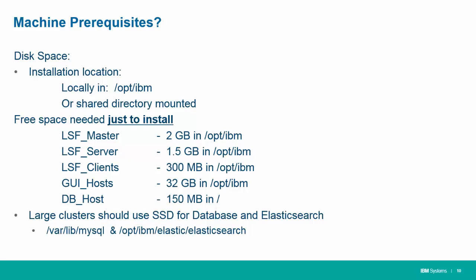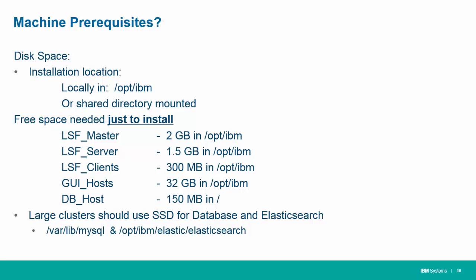In terms of space that you're going to need, for the LSF master role, you're going to need about 2 gigabytes. For an LSF server role, again, this is a subset of the LSF master role, so you're going to need about 1.5 gigabytes. For the LSF clients, 300 megabytes. For the GUI hosts, they're going to need about 32 gigabytes. And it's not necessarily to install, it's part of the pre-installation check.